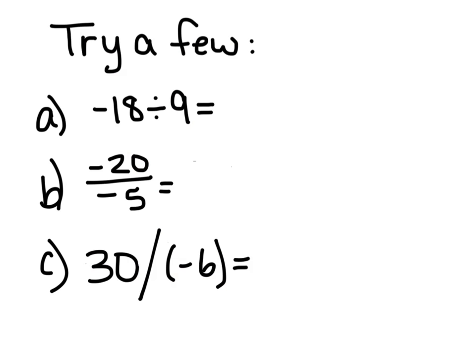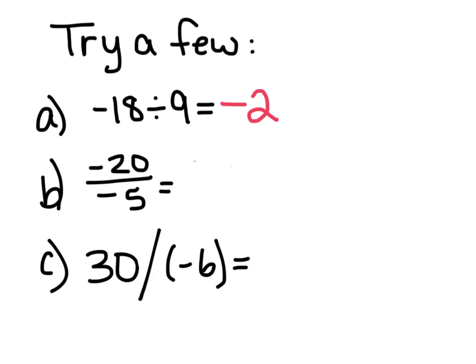Today, I'd like you to pause and try these 3 and then come back and see how you did. Okay, you have your answers ready? Let's see, I've got negative 18 divided by 9. A negative divided by a positive is going to give me a negative, and 18 divided by 9 is 2.